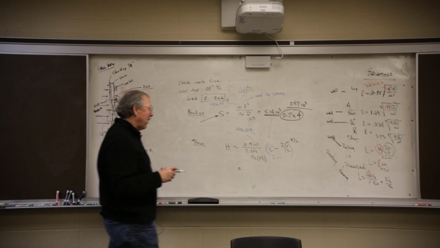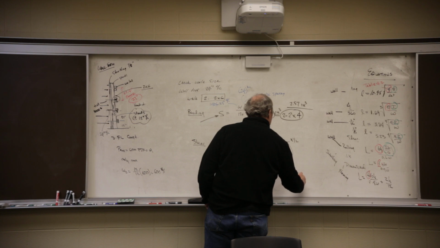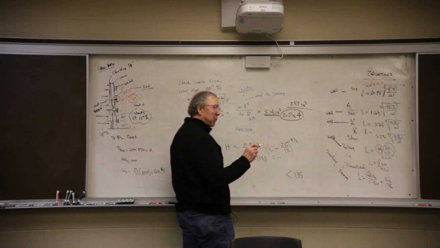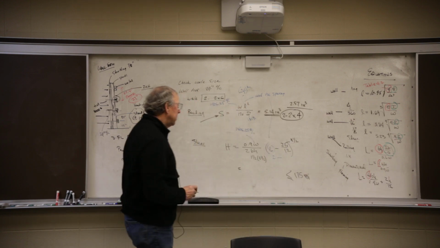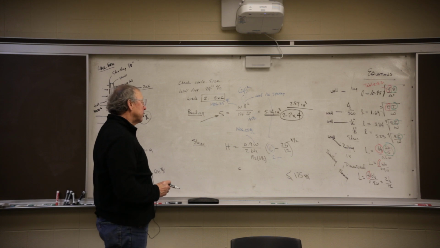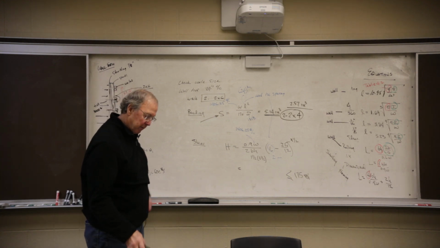And we already did the allowable. Back a ways, you found out that 140 times 1.25 was 175 psi. So this number, if it's less than or equal to that, it would be okay. If it's greater than, it wouldn't be.